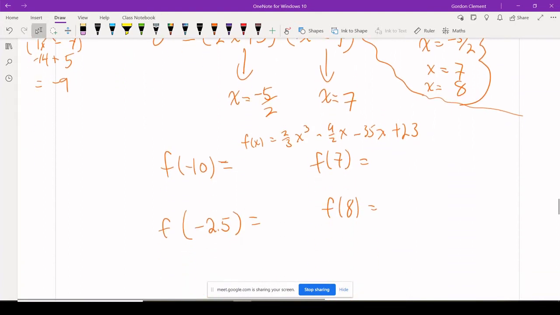So can I get some volunteers to pick some of those numbers, pull out your calculator, fire them through, and give me some answers? So everyone pick one and let me know if you got one.